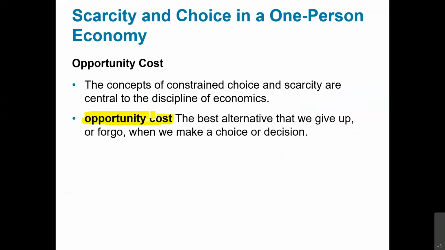Human behavior tends to be driven by opportunity cost. It's not just the physical cost that's involved. So as you're thinking and working through things, remember, opportunity cost matters. I'll have more stories on this later on in the term.